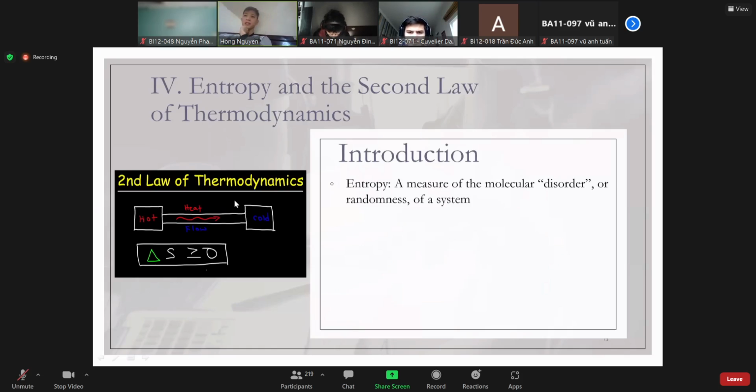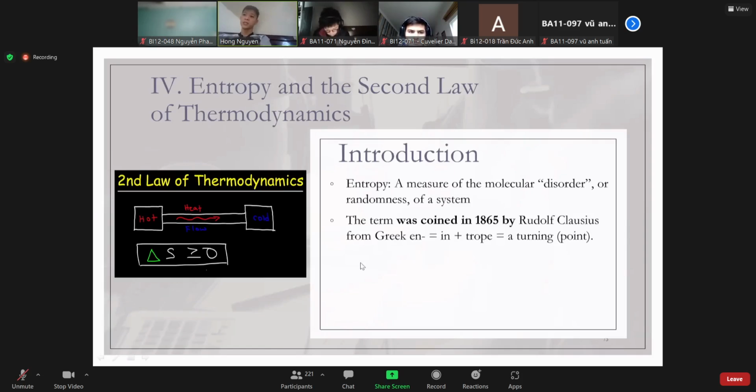This definition still holds even until now, but a lot of people misunderstand the words disorder or randomness. Okay, here I will try to explain as clearly as possible what is the disorder that entropy is talking about.